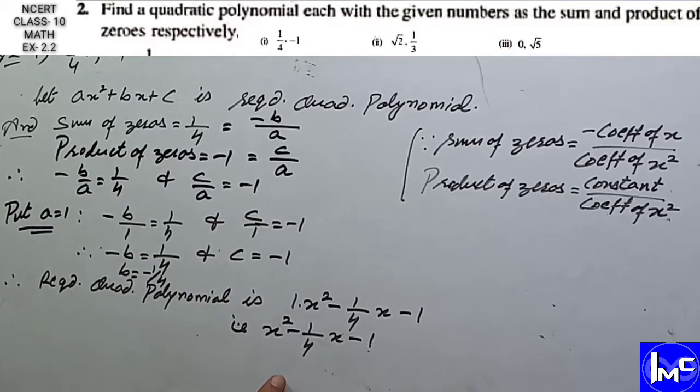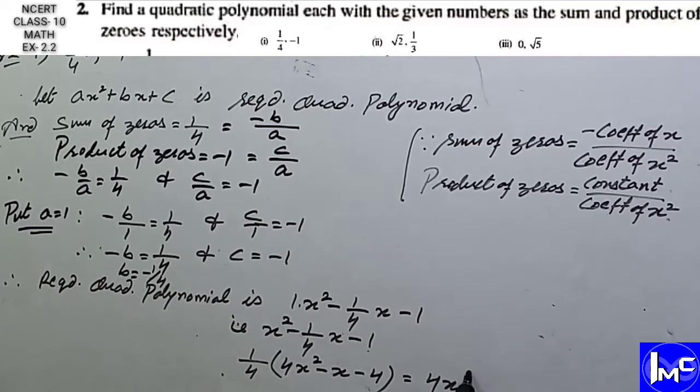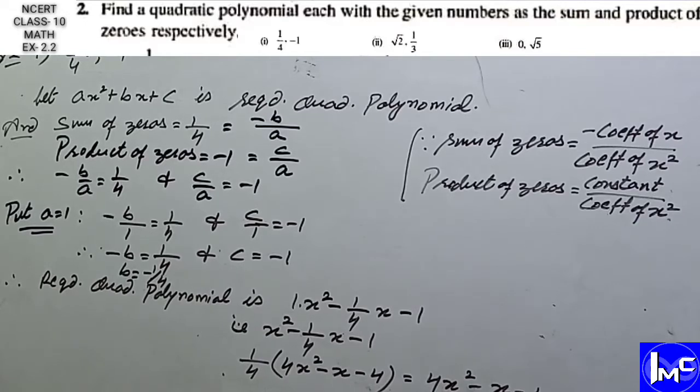And the simplest form of this polynomial will be, you will take 1/4 as common, and you will get 4x square minus x minus 4, and you can omit 1 by 4 from the extreme outside. You will get 4x square minus x minus 4. This is the answer.